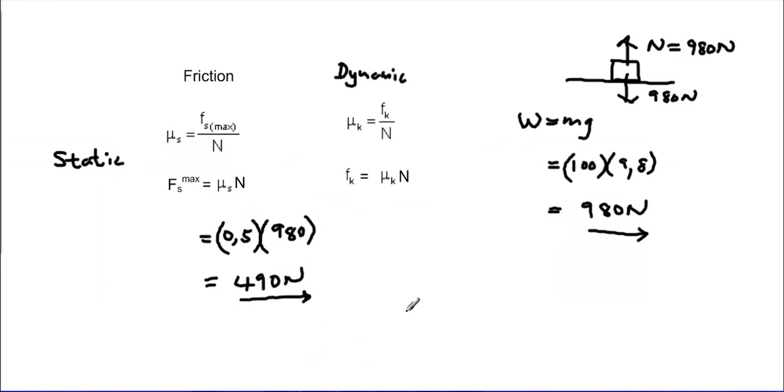Now, coming back to our diagram, let's work out our kinetic friction. We see that our coefficient of kinetic friction is 0.3, and our normal force is 980. So 980 times 0.3 gives us 294.